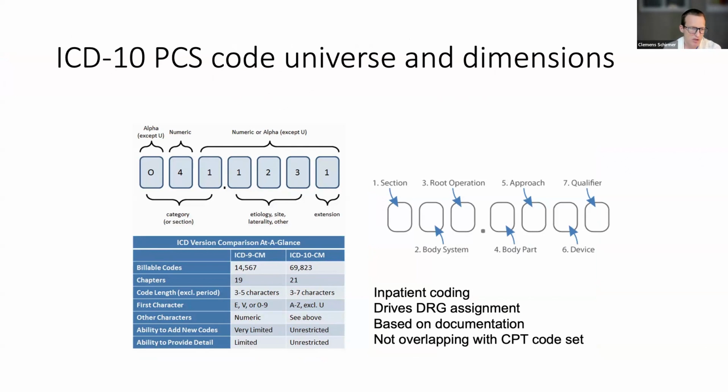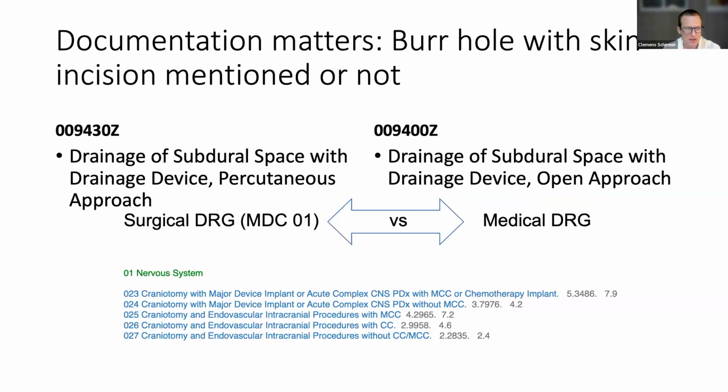That's a 7-digit string of alphanumeric signifiers. Basically they talk about the body system, the root operation, which body part you used, how you did it, what device you left there, if applicable, and what qualifier that is.